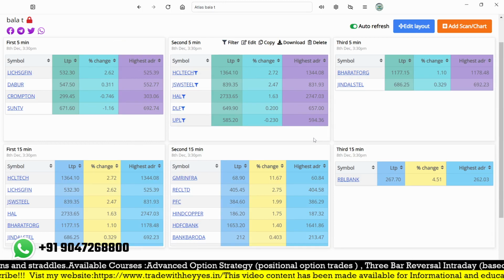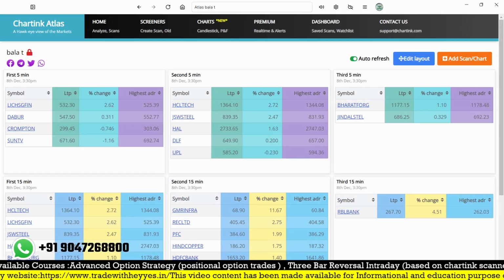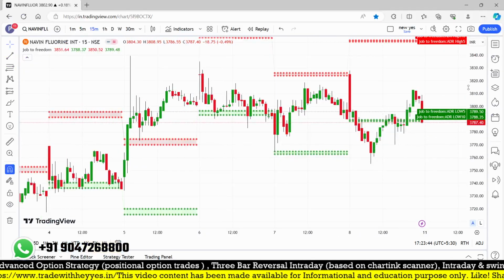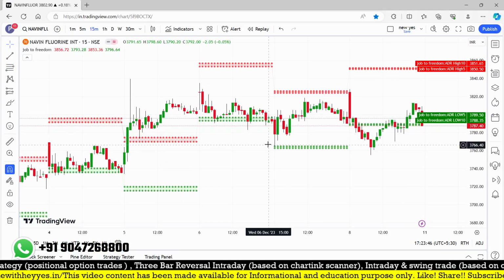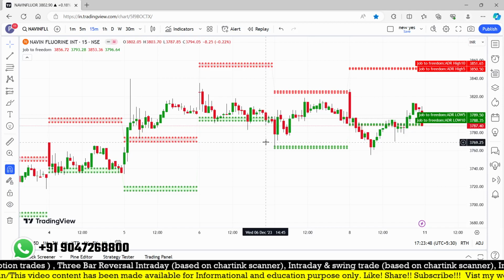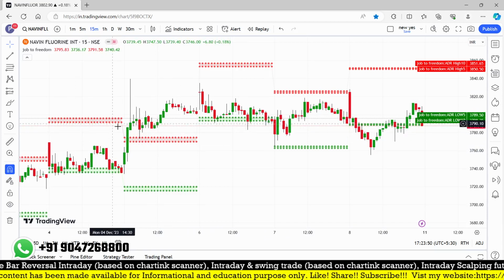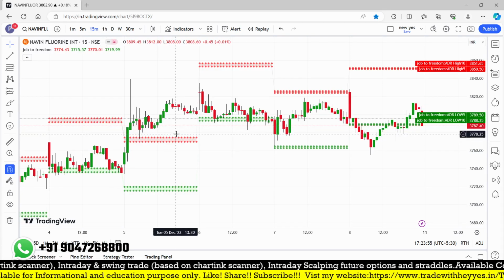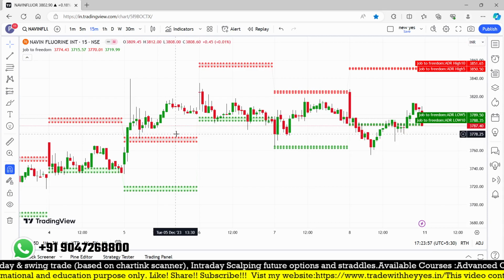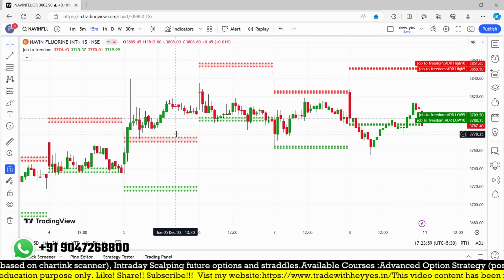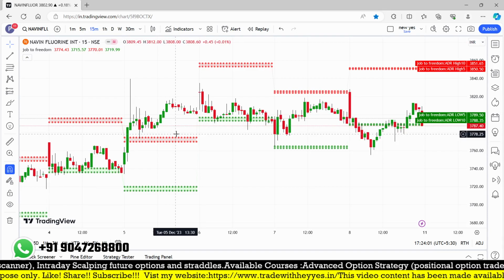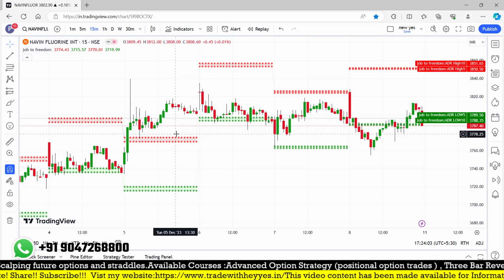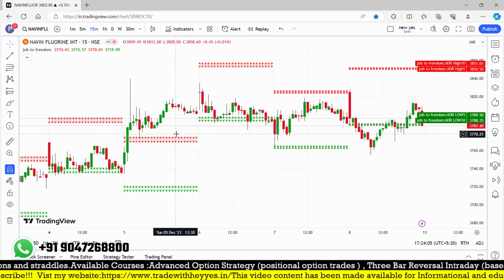Both buying and selling dashboards are created based on this ADR scanner, and we are trying ADR on a weekly basis also. We need to check how it is working, and once we find out how it works, then we will make a video about weekly ADR also. As of now, the daily average range is good for positional trades.